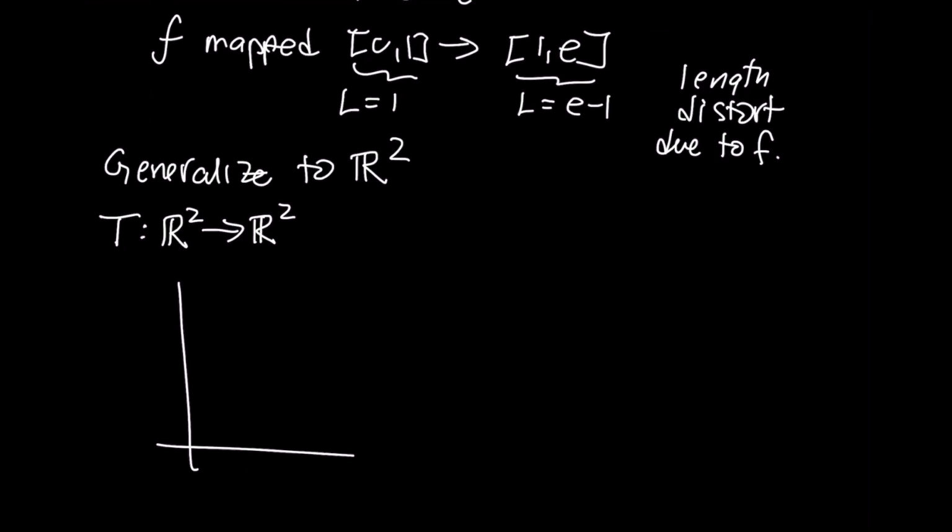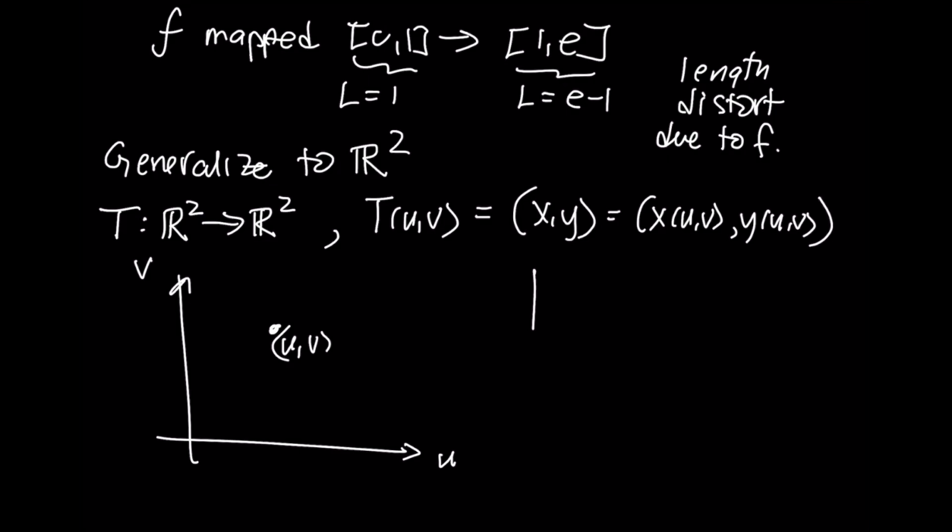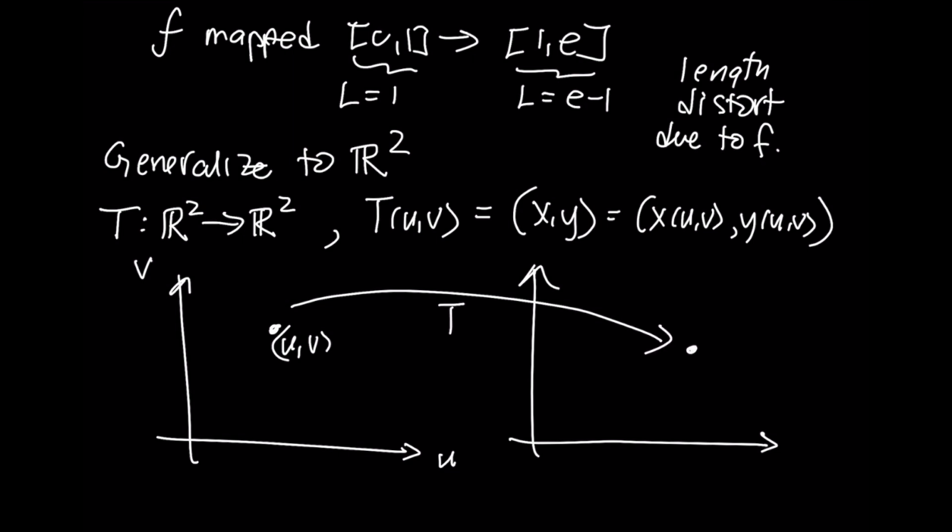So we'll start in what we'll call the UV plane, and we'll take some point U and V as inputs, and we will create new outputs, X and Y, but they will be functions of the two input variables. So we'll have X of U and V and Y of U and V. We are transforming this point UV into some new point X and Y according to this rule.